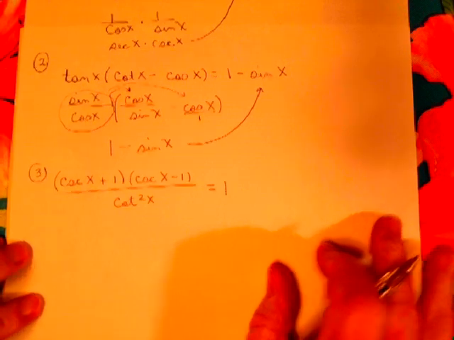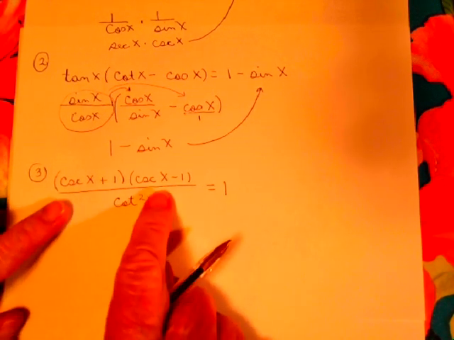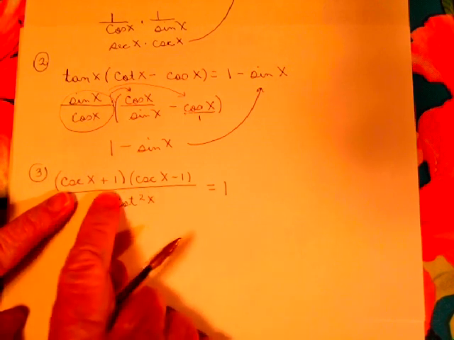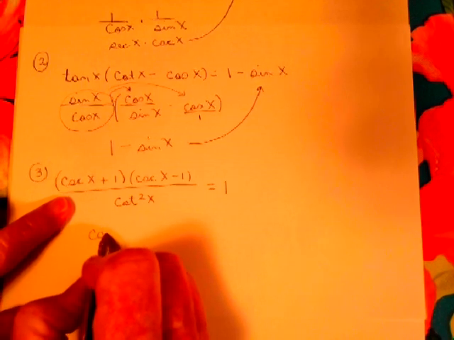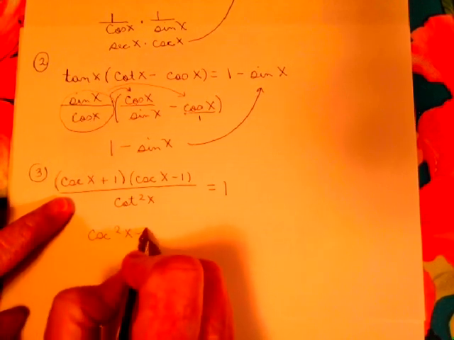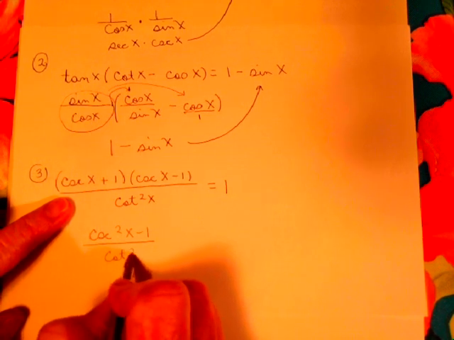Write your problem down. In the numerator, I see that I can multiply these two. That will give me cosecant squared of x minus 1. In the denominator, I will have cotangent squared of x.